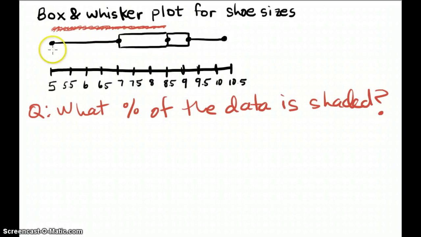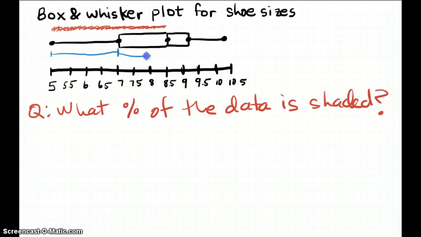So as it turns out, you can see that there are 1, 2, 3, 4, 5 dots on every box and whisker plot, and on this one here. And in between every one of these 2 dots lies 25% of all of the data. So here's a 25% chunk.